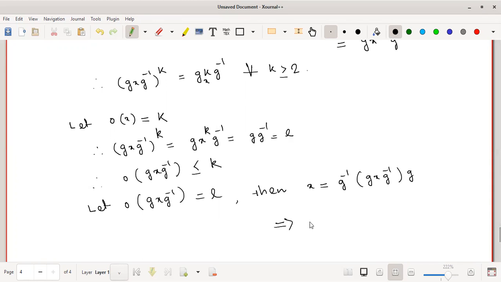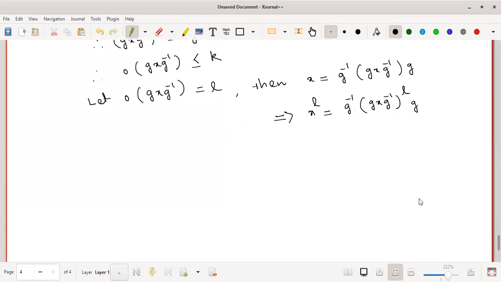So if you apply whatever we have proved just now, x to the power l will be g inverse, gxg inverse to the power l, g, replacing g by g inverse.